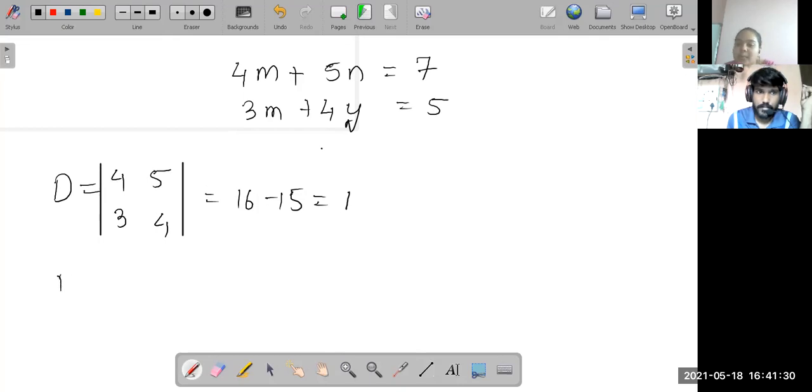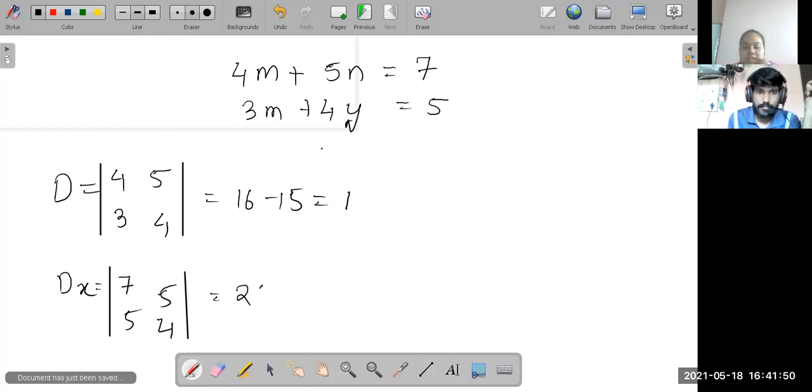Sorry, 1. Okay. Can you tell me what numbers should I put here? First we'll put 7 and 5, and then you put 5 and 4. So this will be 7 4s are 28, 5 5s are 25, 3.